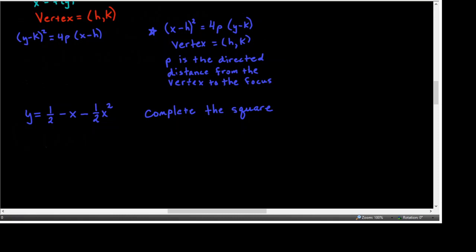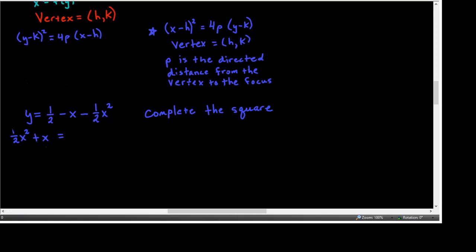So one of the things I'm going to try to do is I want the x squared term to have a positive coefficient. So I'm going to add 1/2 x squared to both sides. And in the end, I want all of the squared variable stuff on one side and everything that's not that variable, or is a constant, on the other side.